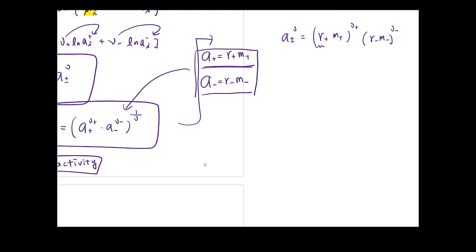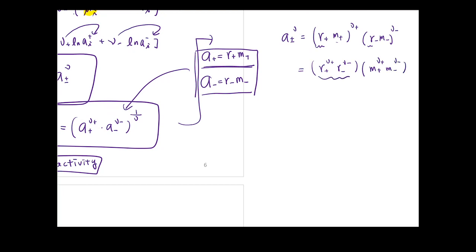Then again, we put the gammas together and the m's together. So it will be gamma plus to the mu plus times gamma minus to the mu minus, multiplied by m plus to the mu plus times m minus to the mu minus.